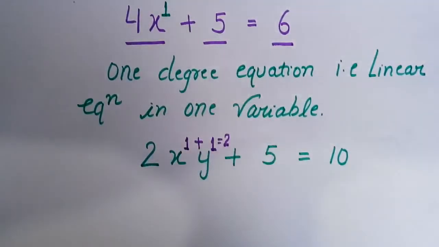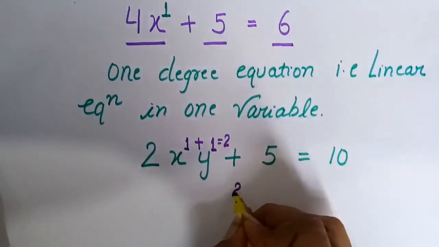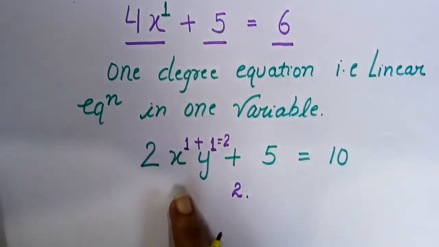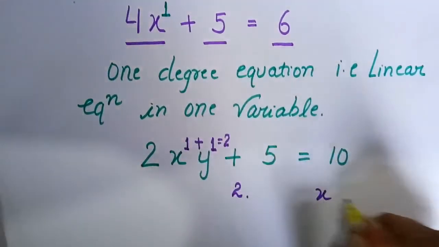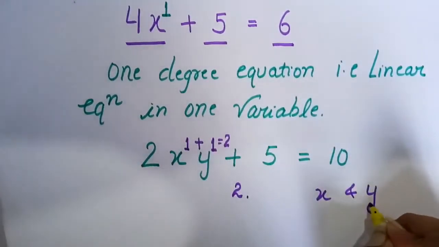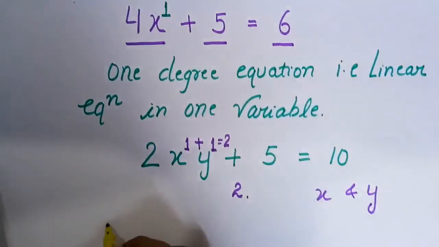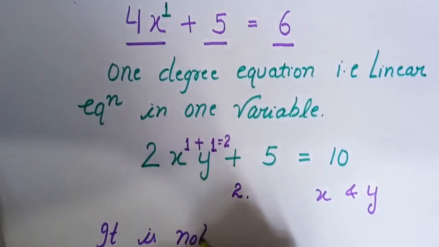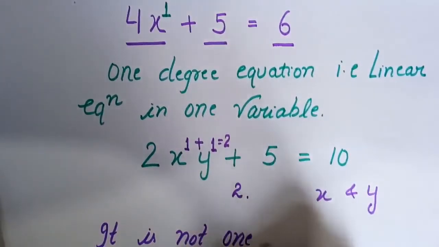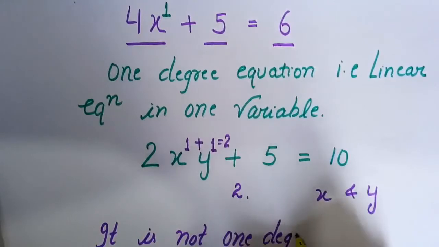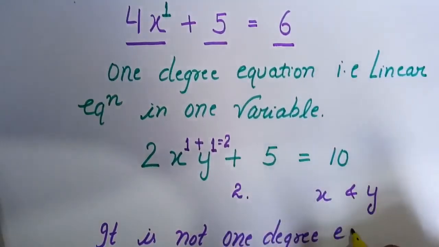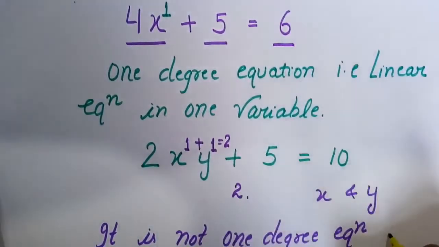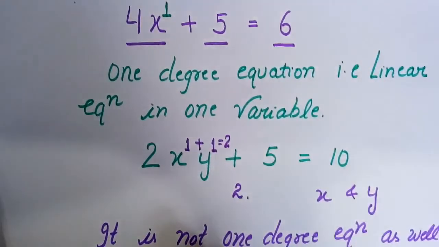So the highest power of this equation is 2, and we are using two variables here, x and y. So it is not 1 degree equation, as well as not in one variable.